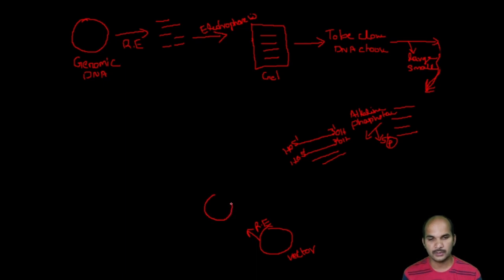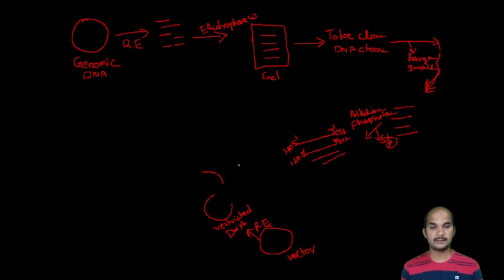So we get restricted DNA. After restriction, we have to ligate these two DNAs: here the vector DNA and here the genomic DNA.